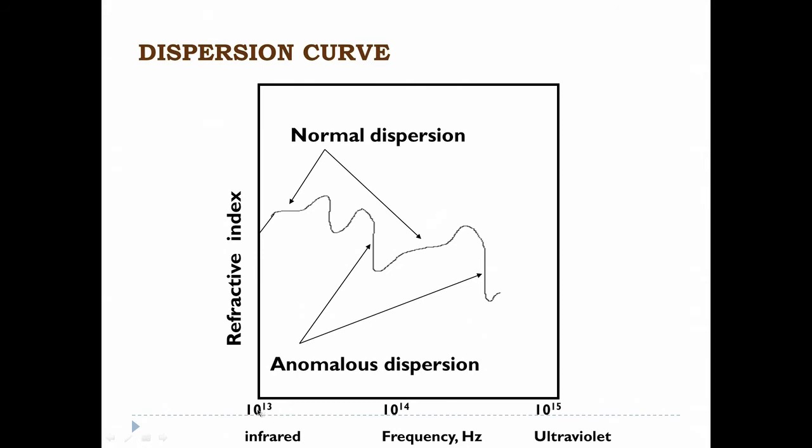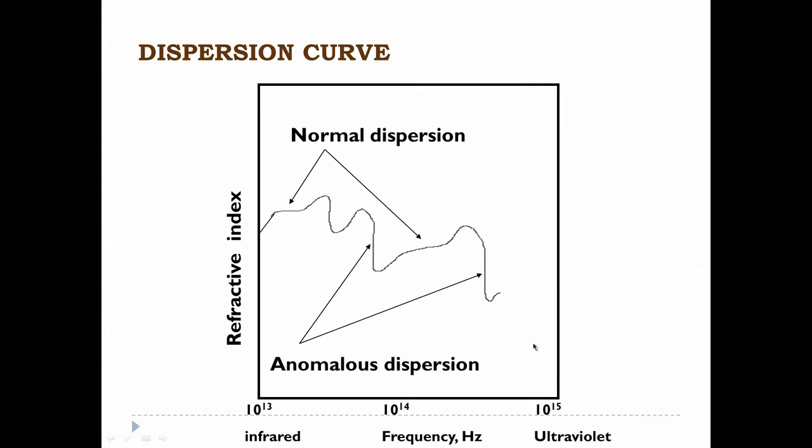Okay. So, this point to this point there is a sudden change, and here you can see that on the x axis I have 10 raised to 13, that is infrared, 10 raised to 14 frequency, and 10 raised to 15 is ultraviolet. So, from the infrared to the ultraviolet range there will be a change in the refractive index. Therefore, the same material used for infrared may not be useful for ultraviolet, and vice versa.